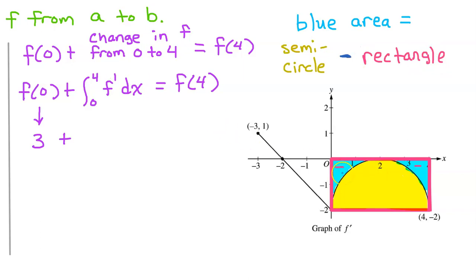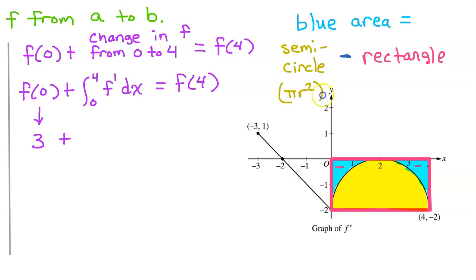However, remember that we want the blue area to be negative. So let's do semicircle minus rectangle. That's the smaller area minus the larger area. That way, the blue area will be negative like we want. You know that the area of a circle is pi r squared.